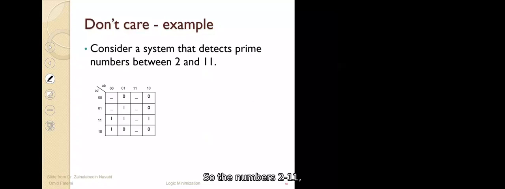So the numbers between 2 and 11 which are prime, we want to detect them. The other numbers, 0 and 1, and 12, 13, 14, 15, we don't care.